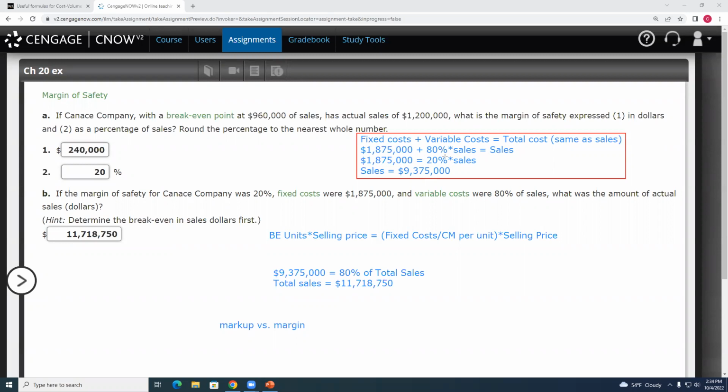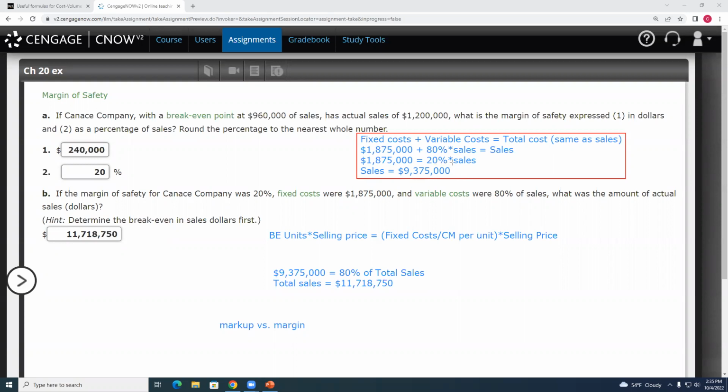Now I had 80% of sales on one side of the equation and 100% of sales on the other side. So I subtracted 80% from each side to get the fixed cost equals 20% of sales. Then I divided each side by 20% to get sales equals 9,375,000.